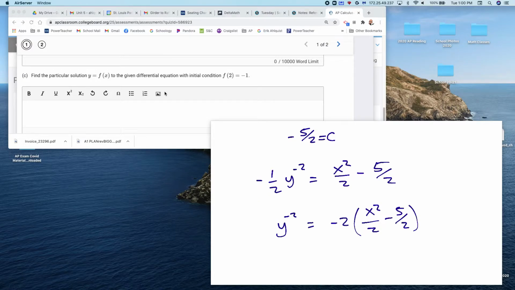And then to get rid of the next part, I'm going to raise this to the -1/2 power. I would need to raise this to the -1/2 power, because that's just going to get me y to the first.